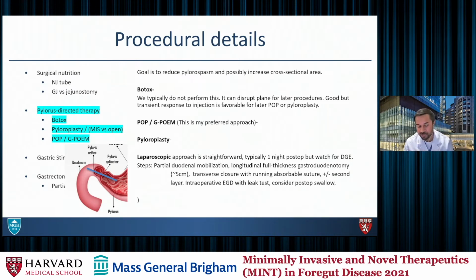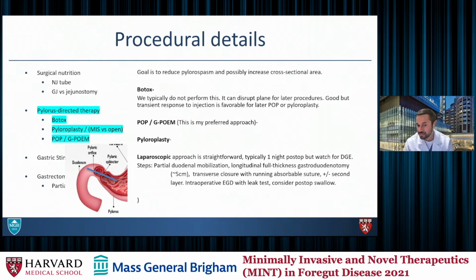When we have exposure and we're intraperitoneal, we just do a 4-quadrant injection as a drainage procedure, which is only temporary. The reason why we don't perform this is because injecting Botox often disrupts the layers or the different planes at the pylorus, making the POP procedure very difficult to perform, as Dr. Krishnan was going through the details of the POP procedure.